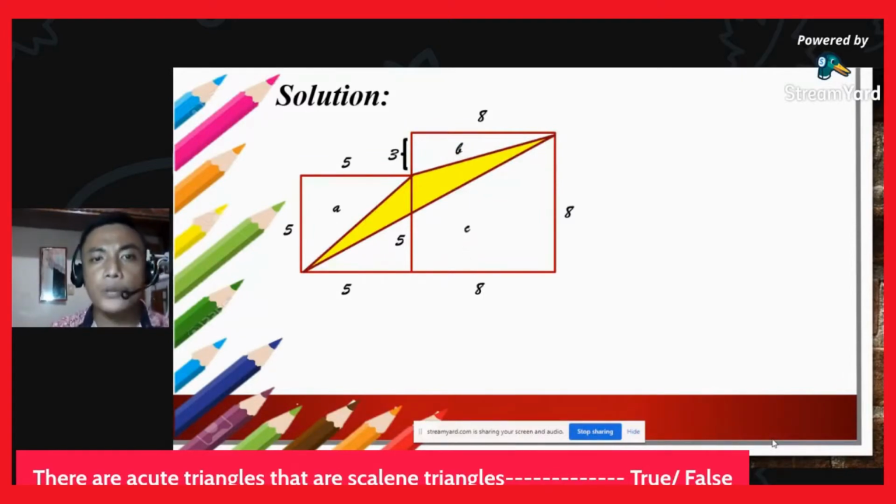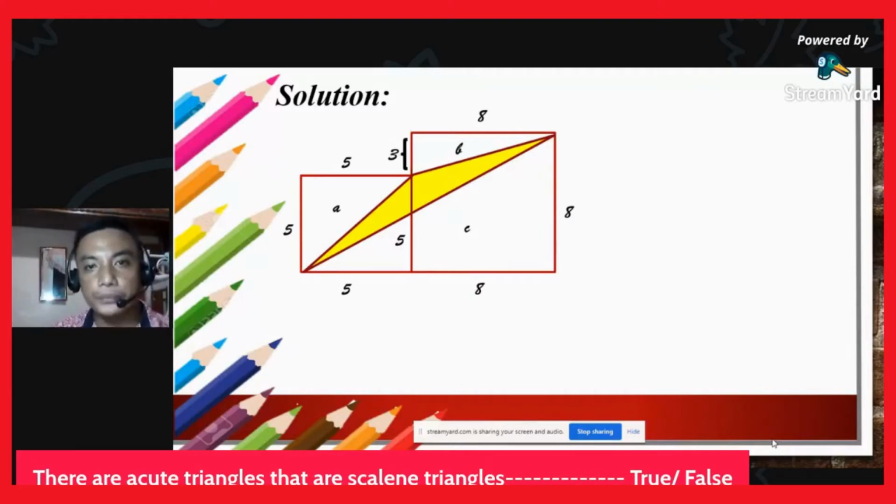So, how are we going to compute for the area of the shaded region? Simply, the first thing we're going to do is to find the area of triangle A, triangle B, and triangle C. So, again, what is the formula in computing for the area of a triangle?